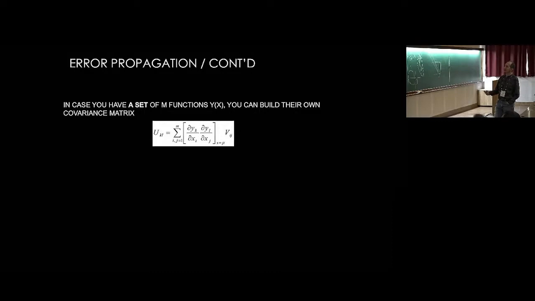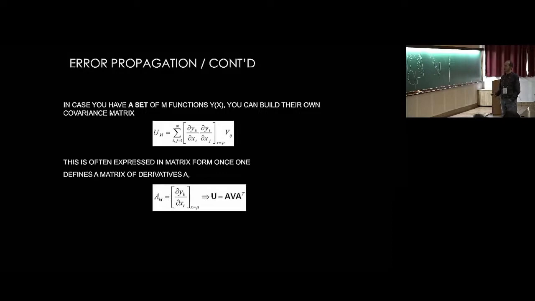And you have a sum over all the indices when you evaluate the x at their respective means times the covariance matrix. And this can be expressed in a matrix form if you have a matrix of derivatives that compactifies this notation.